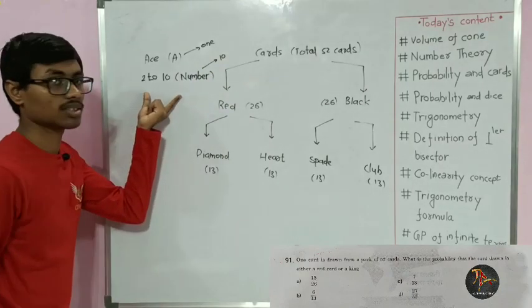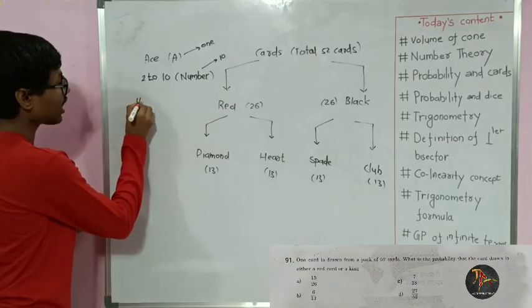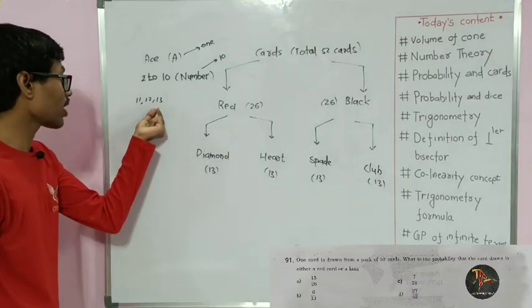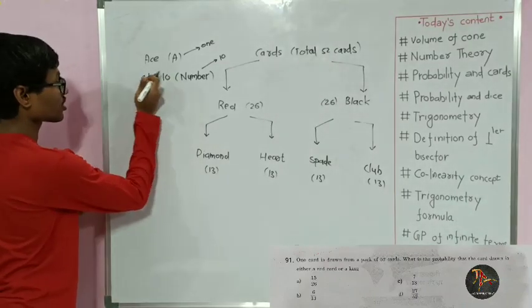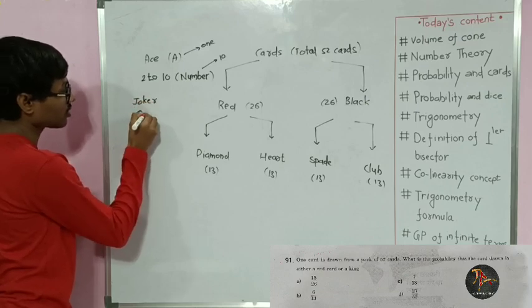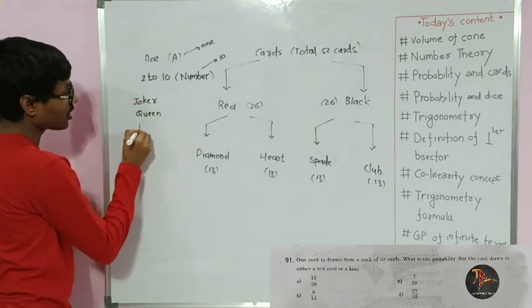Now, instead of writing 11, 12 and 13, we write joker card, queen card and king card.